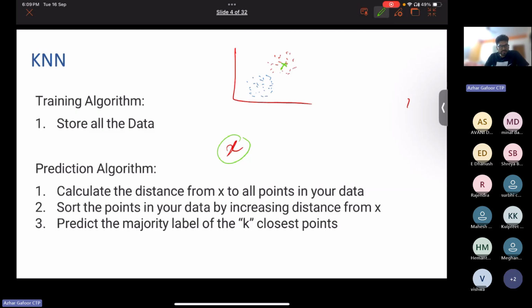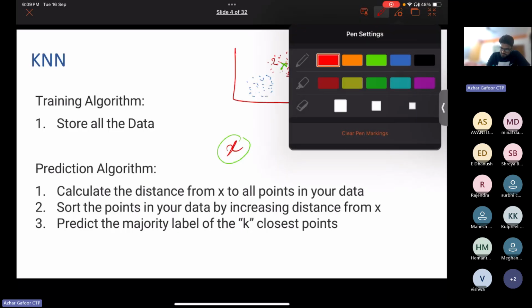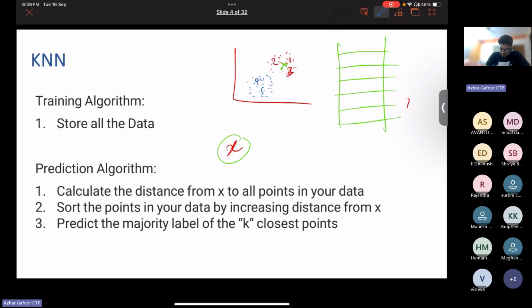It will calculate the distance to all points in the data, and it will sort the points in increasing order of distance from X. So if we sort our data, say this is 1, 2, 3, then we have 4, 5, 6.